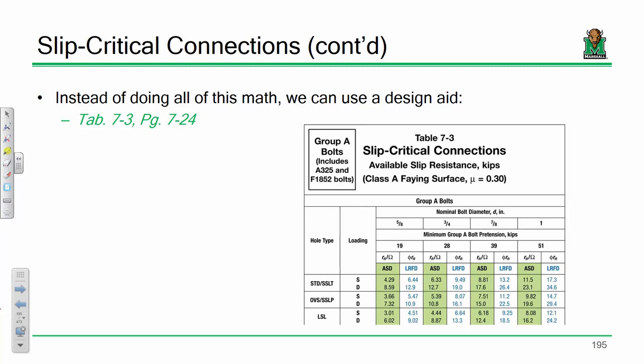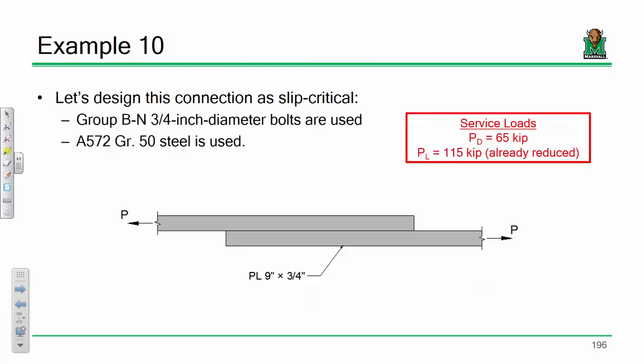If you literally just turn the page after table 7-1, you should have table 7-3 staring right at you, and table 7-3 lists the bolt slip capacity as a function of bolt diameter, and you can see a lot of these parameters are very similar to what we were looking at before. Are we in single slip or double slip? Here's our bolt diameter, it's Group A, so there's your capacity. And it's a pretty straightforward calculation.